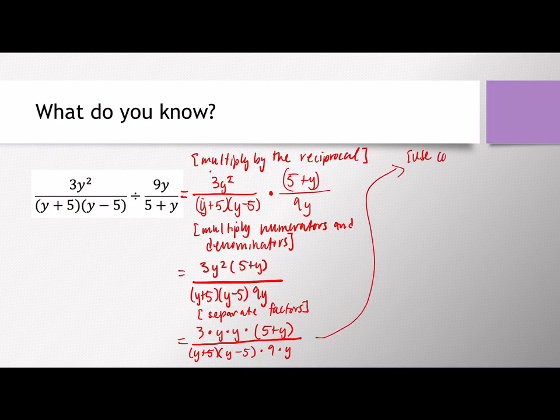So we're going to use the commutative property to group factors in common in the numerator and denominator.